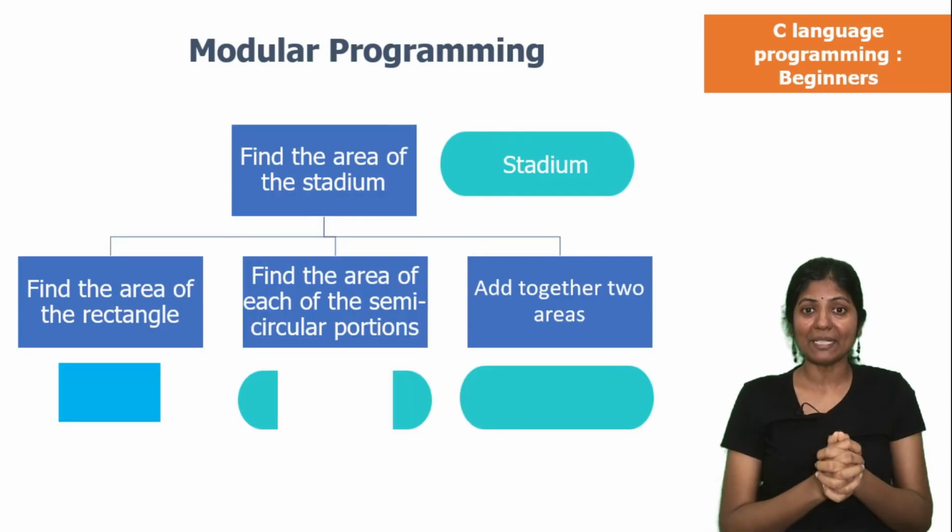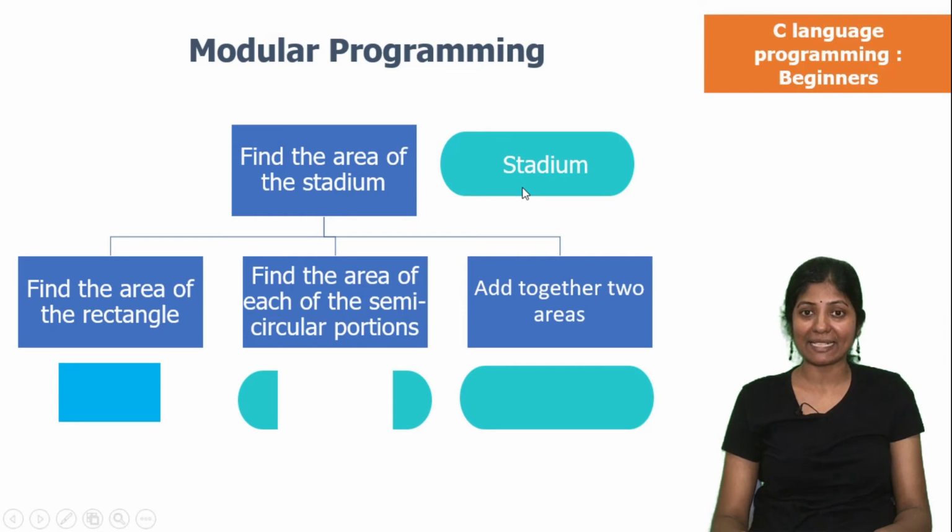Let's say, for example, we want to calculate the area of a stadium. The shape of the stadium is like this. Instead of calculating the area of this stadium at one point, we will divide it into meaningful partitions. Let's say we divide it into 3 parts. The first part is a rectangular portion, which is the middle part, and the left and right we divide into semicircular portions.